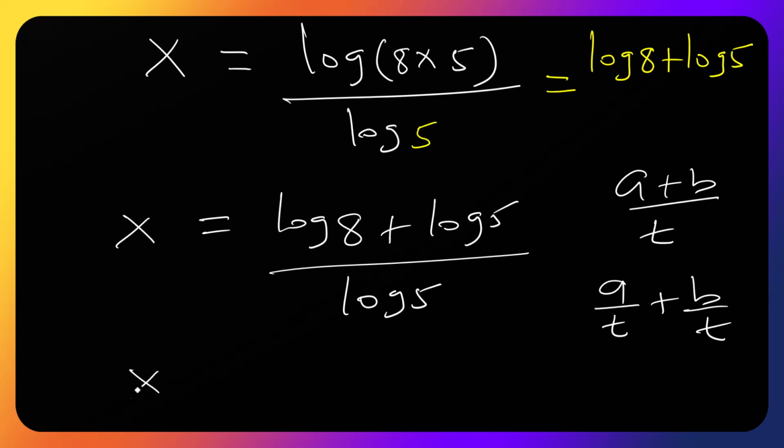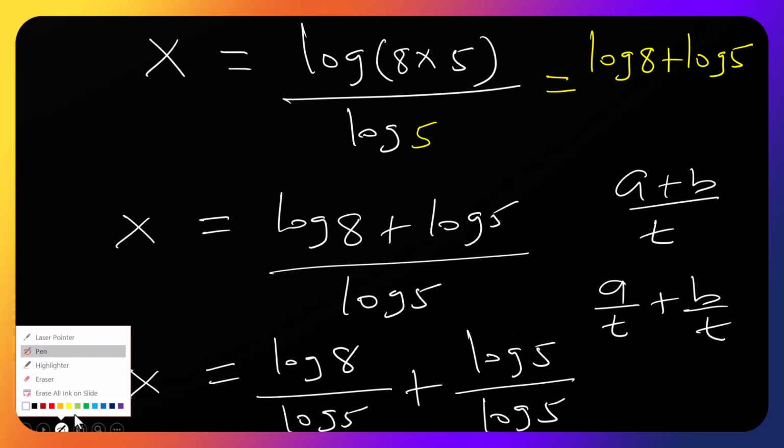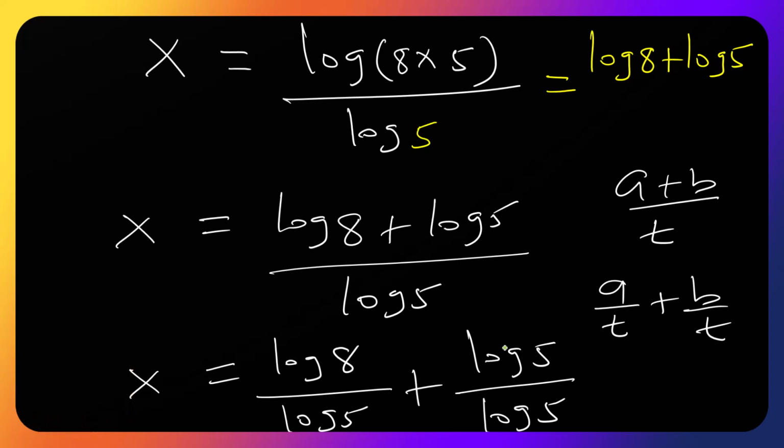So from here, you can say log 8 on log 5 plus log 5 on log 5. Okay, so what can you say about the second term? This one will cancel, and I have log 8 on log 5 plus 1.